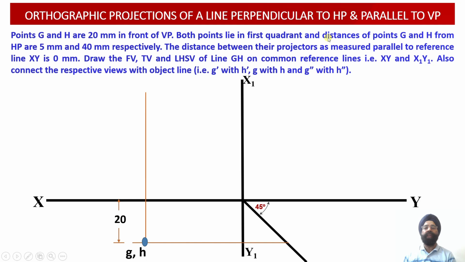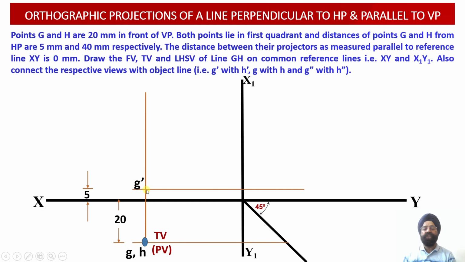We also know that the distances of the points G and H from the horizontal plane happen to be 5 millimeter and 40 millimeter respectively. It means that point G is located 5 millimeter above the XY reference line, or above the horizontal plane. So point G dash will be located in the front view 5 millimeter above the XY reference line.